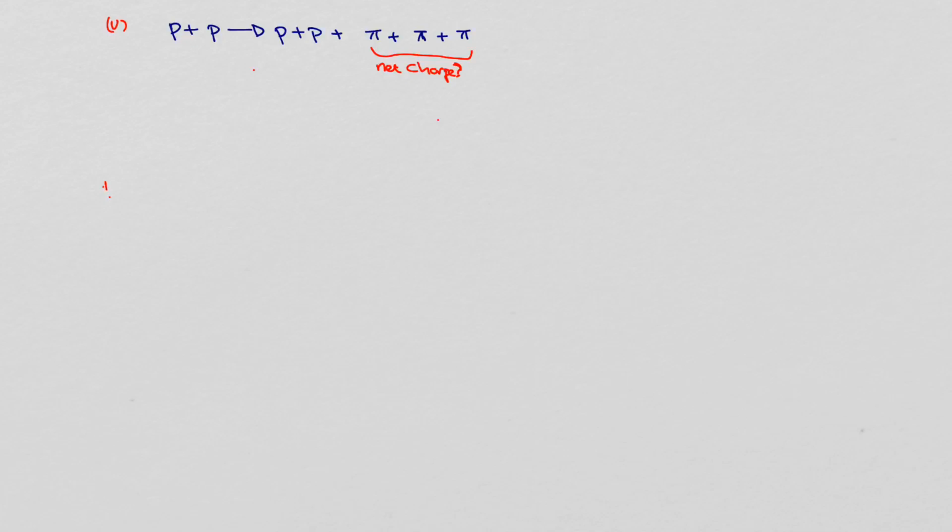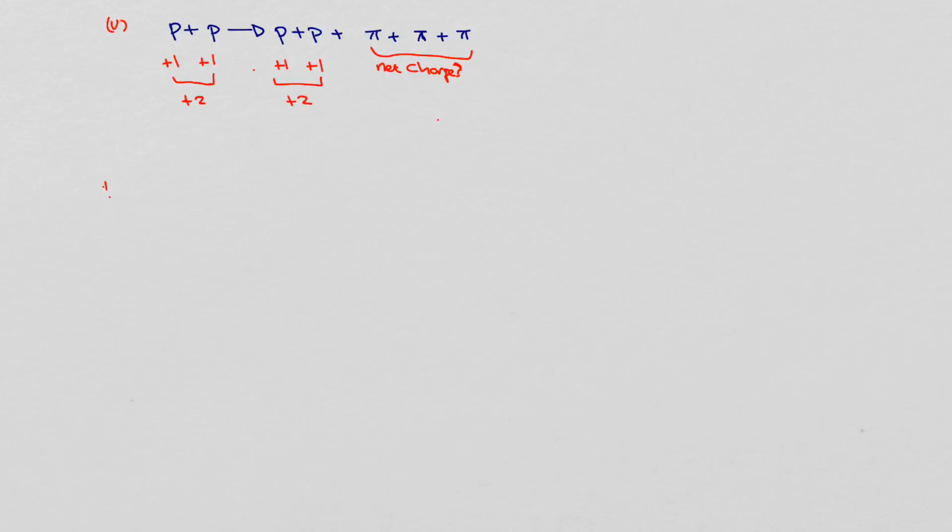Well, the proton has a charge of +1 and another charge of +1, and after we have a charge of +1 and a charge of +1, and therefore we have a total charge beforehand of +2 and a total charge after of +2.